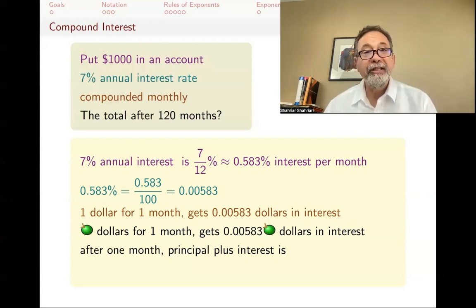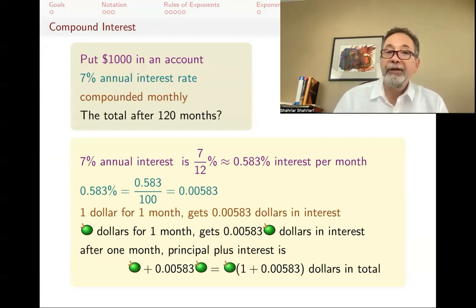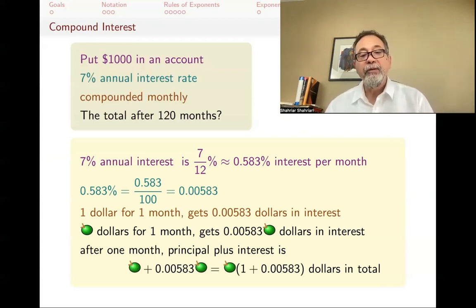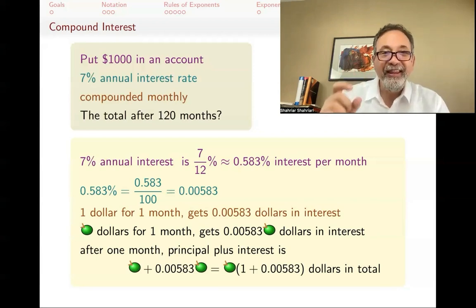After 1 month, the principal plus interest, the original money you put in plus the interest, will be A. That's how much you put in. And then 0.00583 A. If you factor out A, after 1 month, in total, you'll have A times 1 plus 0.00583. So keep that idea that if you have A dollars, after 1 month you multiply it by 1 plus 0.00583. And what's 0.00583? That's the interest rate per month in decimals.